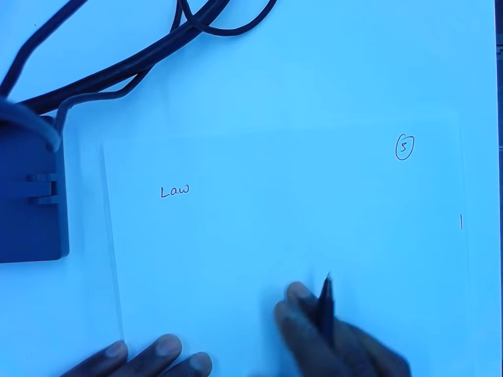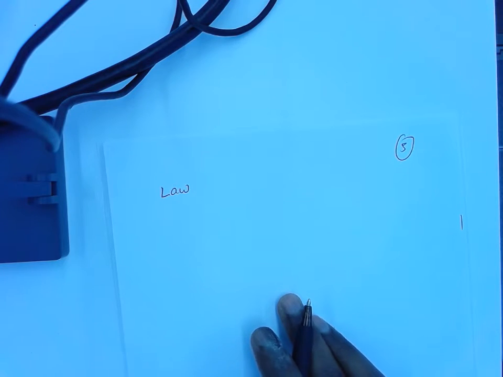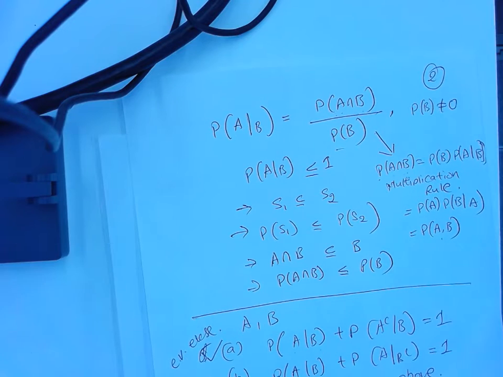This is just a notation, P of A comma B, because sometimes we don't want to write intersection, we just say comma.